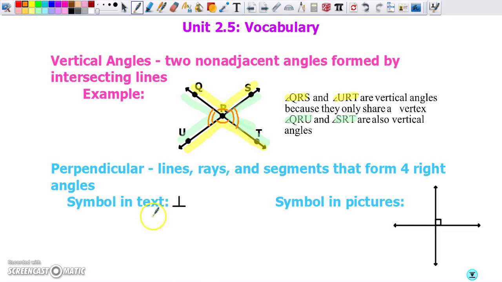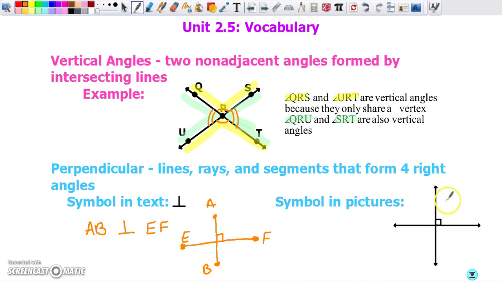Then we have the term perpendicular, and you may remember this from pre-algebra or maybe even algebra, but they are lines, rays, and segments that form four right angles. So they intersect and form four right angles. In text, you will see something like this: AB is perpendicular to EF, and so that would be two segments, AB and EF, and they are perpendicular.